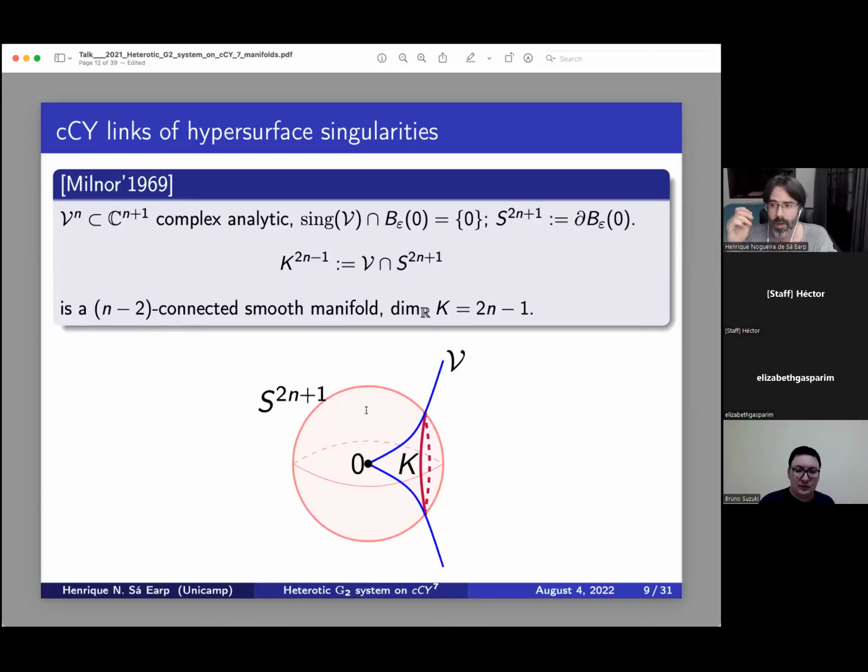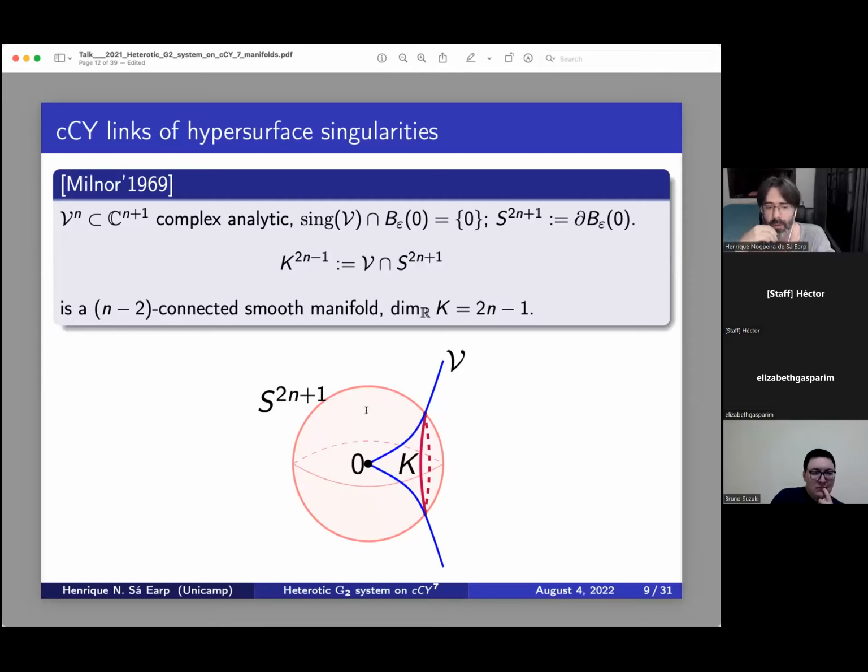In particular, this very nice construction by Milnor: if you consider in ambient space, let's think about C5, and you cut out a variety with an isolated singularity at the origin, then the link of the singularity over a sufficiently small sphere, in this case let's think of S9, right?